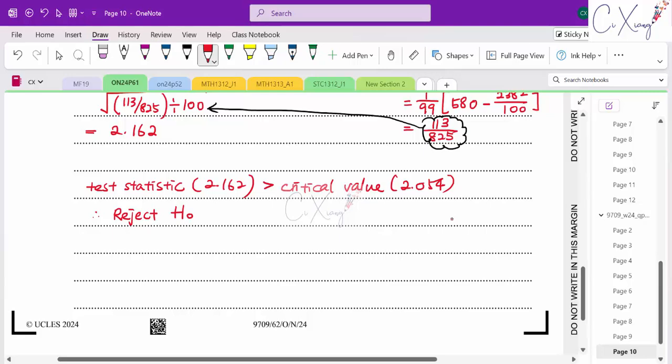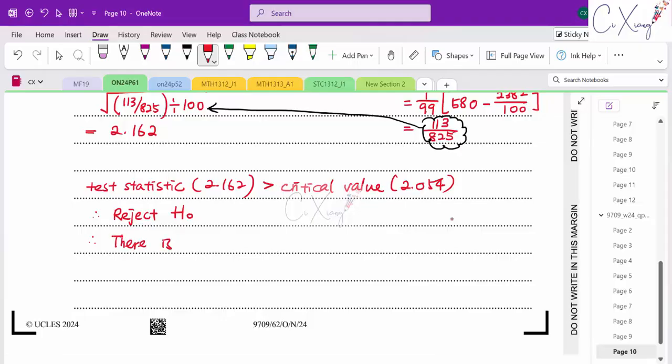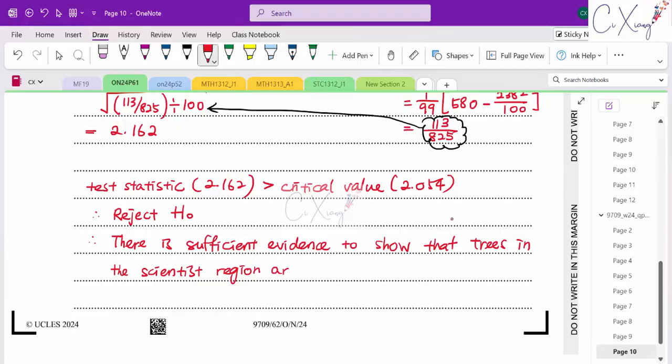Then again, don't forget to write out a conclusion statement in the context of the question. So you can just tell them that there is sufficient evidence to show that the trees in the scientist region are slightly taller.